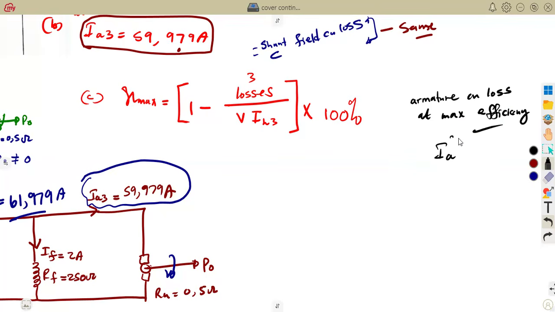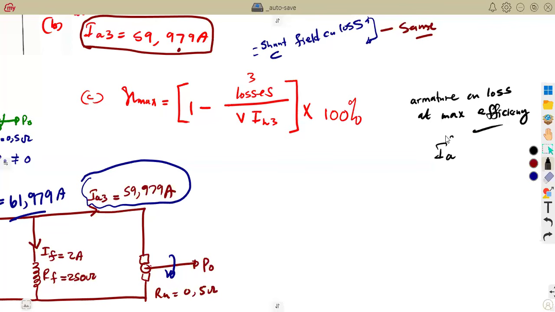But in this case, once it starts, it just affects. So that's a squared here times the resistance of the armature circuit. So this is what we are now having here.